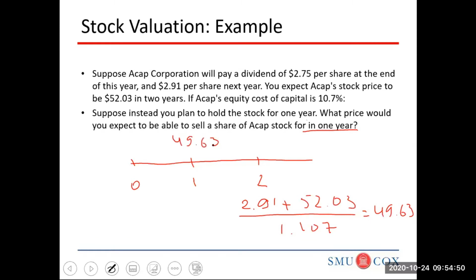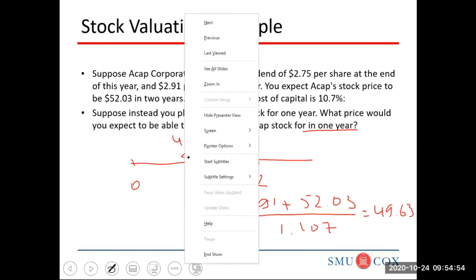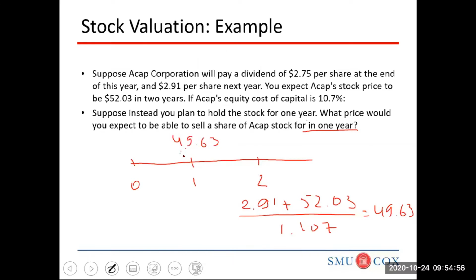49.63. In year 1, you also get another dividend, 2.75 dividend. Just for fun, if you take that and discount it by 1 more period, what would you get? The answer we got in the last problem, 47.32.